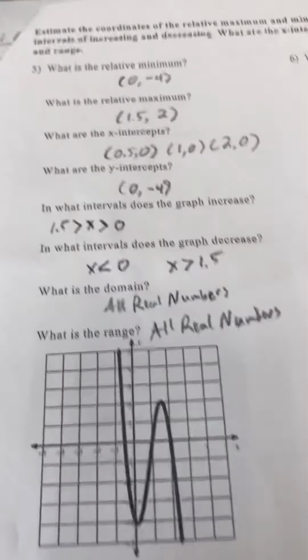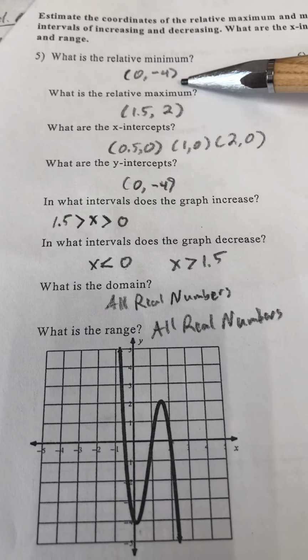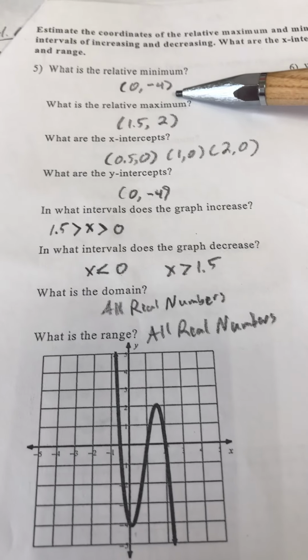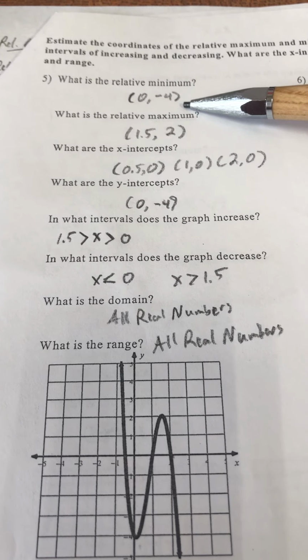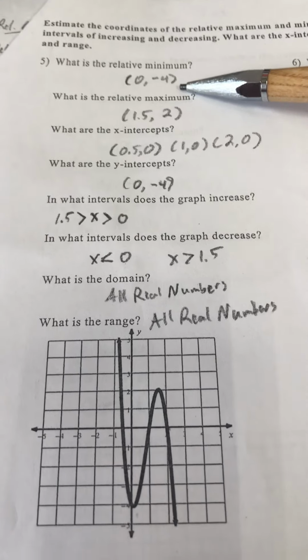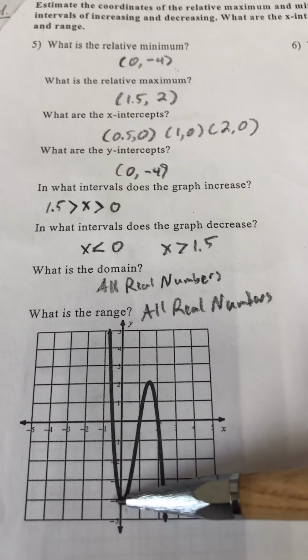Okay, the ones that you had to do on your own, let's take a look at these. I want to show you this as a whole. The relative minimum on this one is, and I'm rounding these, they're by no means perfect because we weren't given an equation to put into Desmos or your graphing calculator, so it looks like it's close to 0, -4.